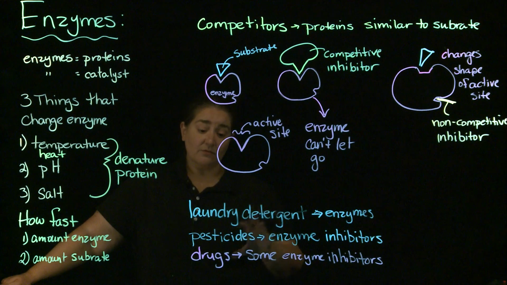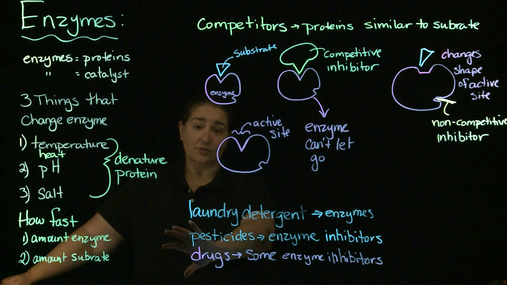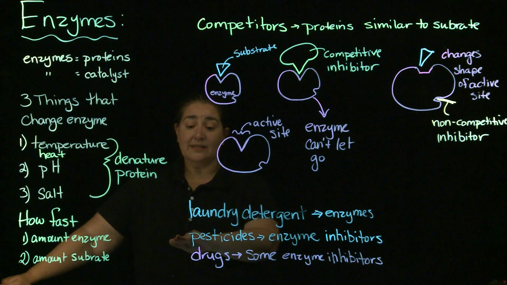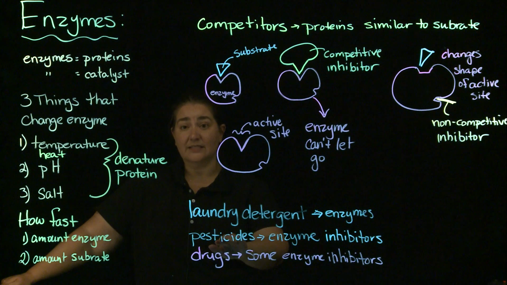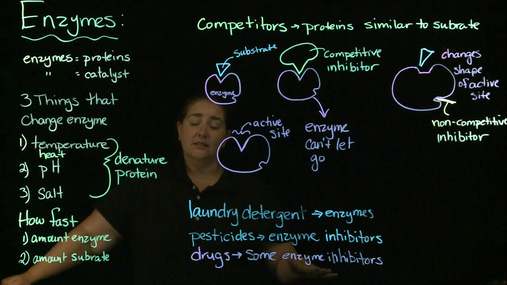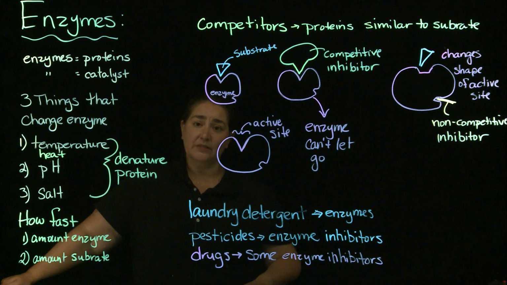So in terms of those inhibitors, it's an important way to control chemical reactions within the body, all right? Whether it be a chemical reaction that you want to be lethal, like in the case of the pesticides, because you want to get rid of the bugs that are coming into your house, or if it's a medication you take, all right? Hopefully that made sense. If you have any questions, please let me know.